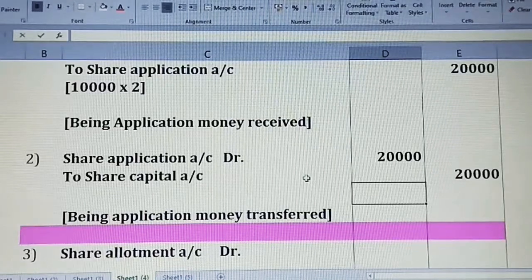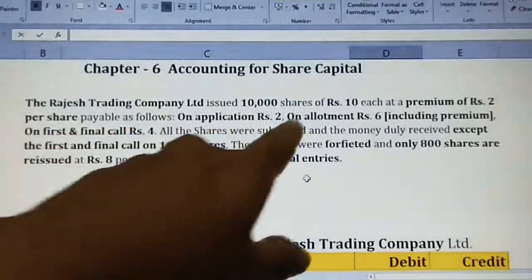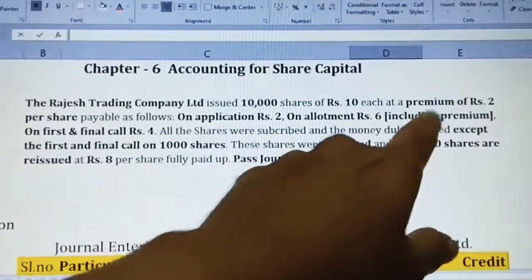Moving on to the share allotment. Let us observe the question now. For allotment, we have 6 rupees including premium.